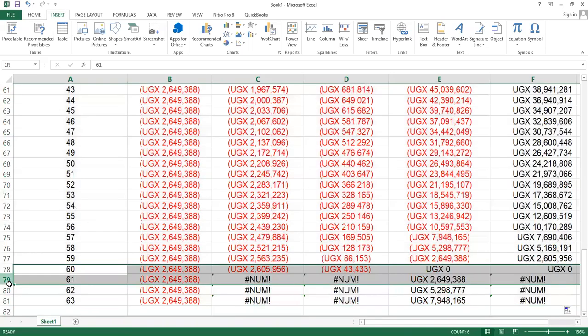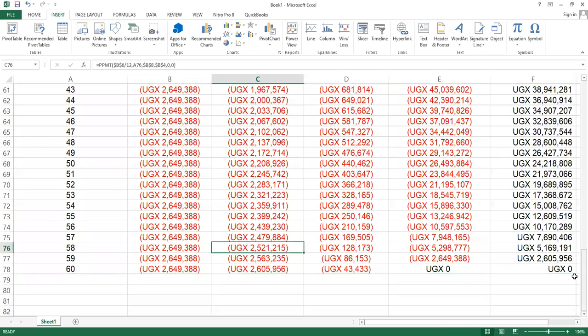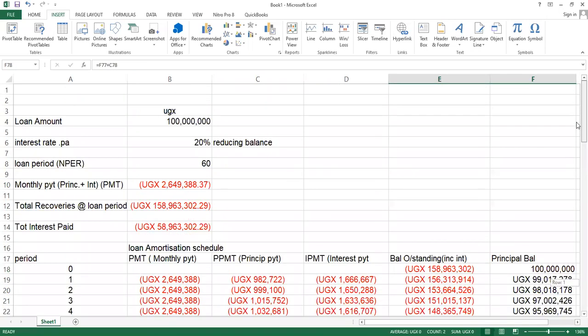So I need to delete this. At 60, that's when you'll really pay off the loan, so you can see this 0 at the end.